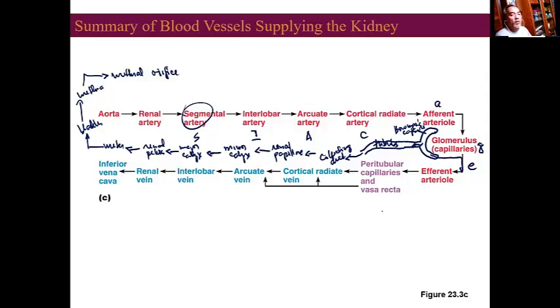And then from the efferent arteriole, it'll connect into the peritubular capillaries or the vasa recta. And then they will connect into the cortical radiate vein, arcuate vein, interlobar vein, then goes into the renal vein to the inferior vena cava. Okay, so that's going to be the flow of your urinary system. And these are the structures that we're going to be looking at.